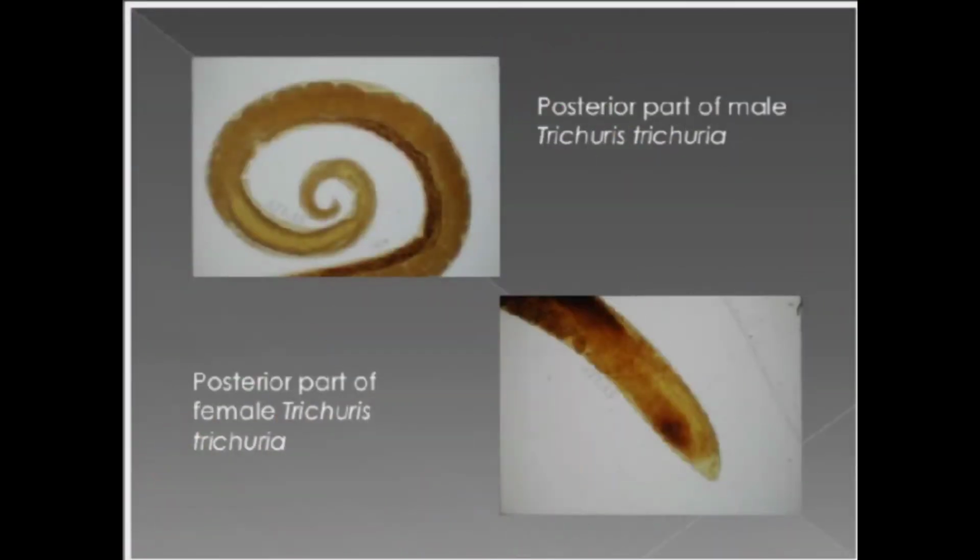The posterior part of the male is coiled, and in the female it is either gamma-shaped or arc-shaped.